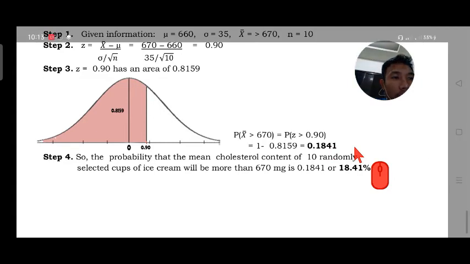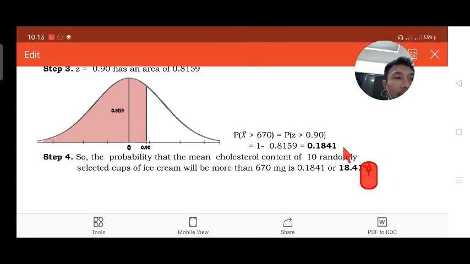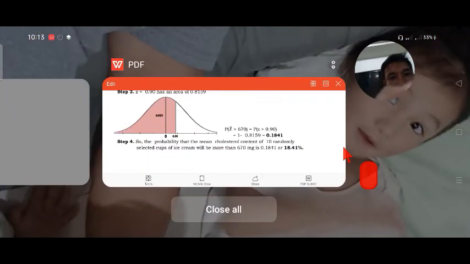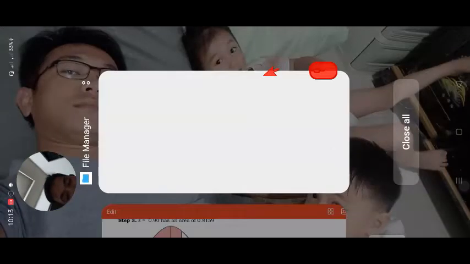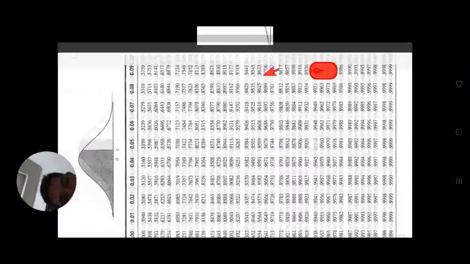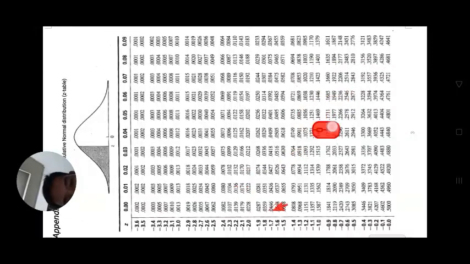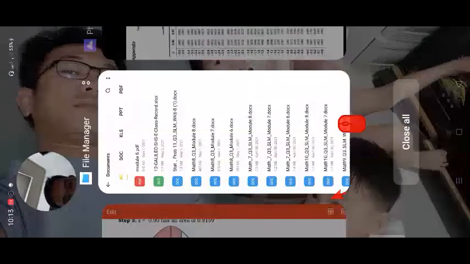Negative 0.90. O, di ba? 0.1841. The same lang sa ating answer.